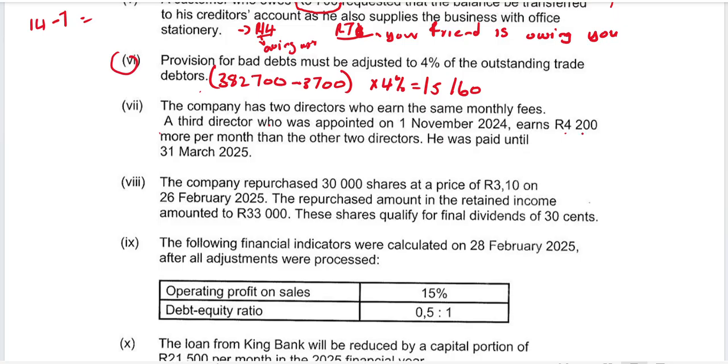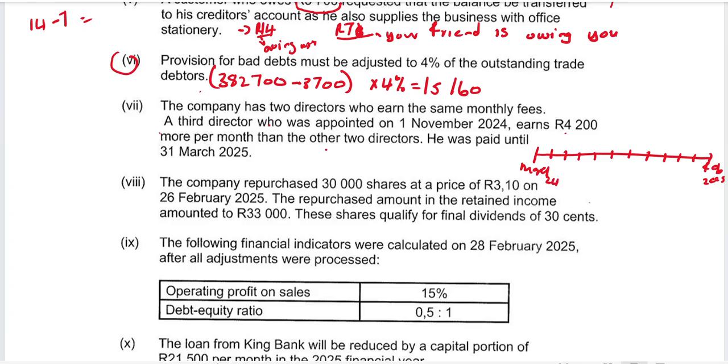The director earned 4,200 more per month than the other two directors, and he was paid until 31 March. Let's draw our timeline: March, April, May, June, July, August, September, October, November, December, January, February, 2025, this March, 2024.